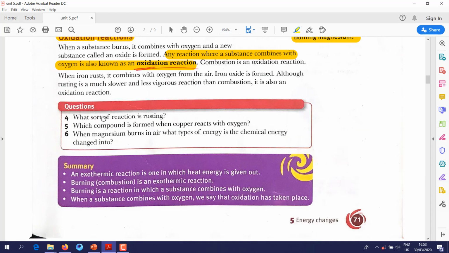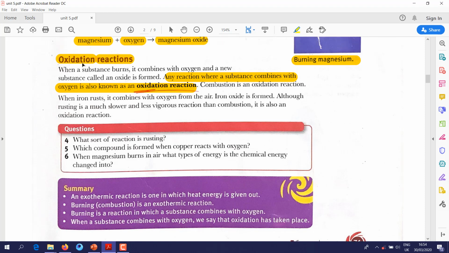Question number 4: what sort of reaction is rusting? What do you mean by rusting? Rusting is when iron reacts with oxygen, it will form rust. So what kind of reaction is rusting? It's an example of oxidation reactions. So this will be the answer.